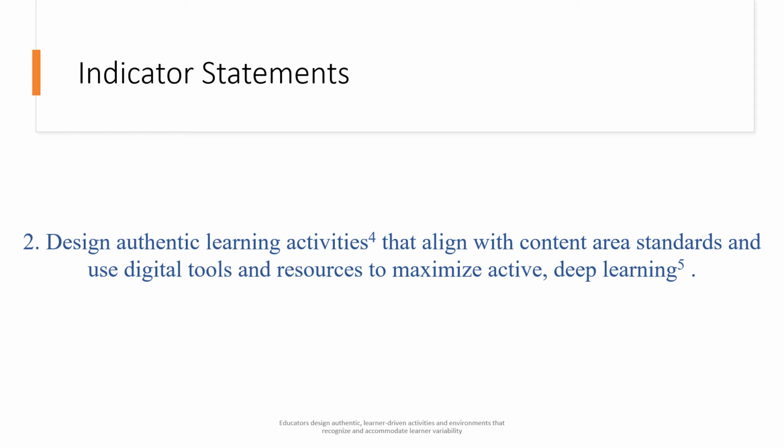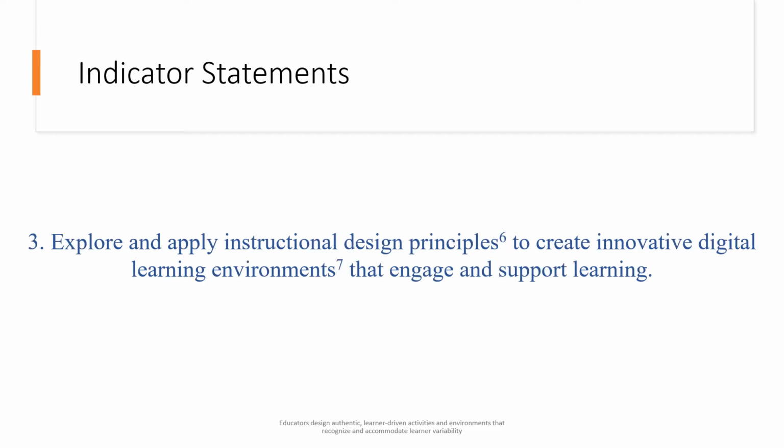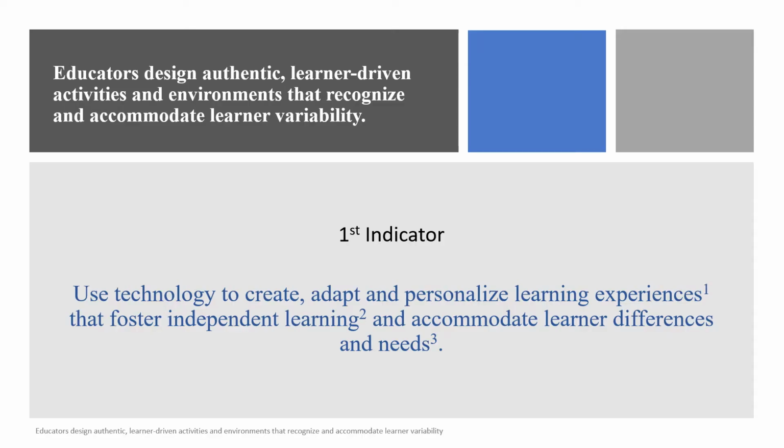It states, design authentic learning activities that align with content area standards and use digital tools and resources to maximize active, deep learning. The third indicator includes the use of design principles that involves the products and environment used in the learning experience. It states, explore and apply instructional design principles to create innovative digital learning environments that engage and support learning. Now let's get started with the first indicator.